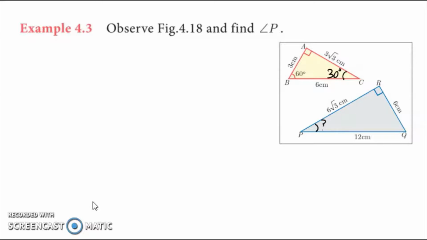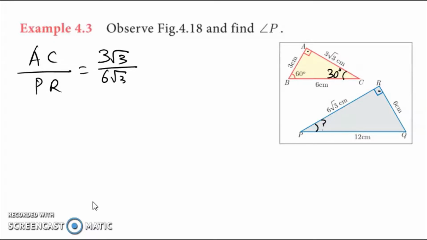Now we see that these two are 90 degrees, so they're equal. So let's take the adjacent side to them. So let's take the longer one, 3 AC. So let's find AC over PR, and that's equal to 3 root 3 over 6 root 3.